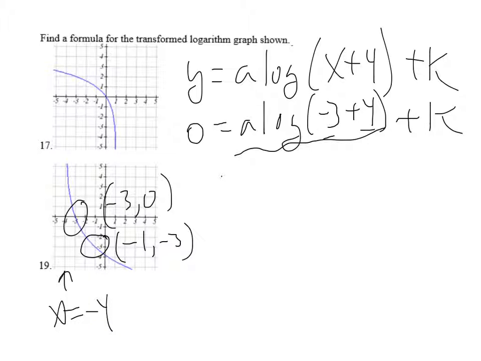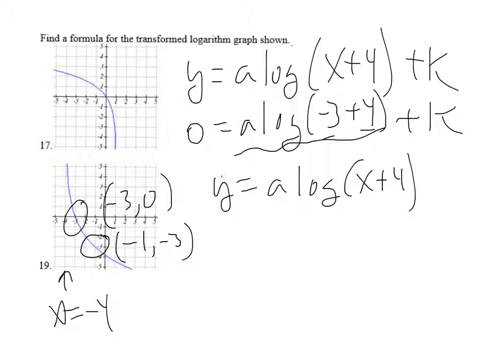So that leaves me with y equals a times the log of x plus 4. So now let's try using this point (-1, -3). So negative 3 equals a times the log of negative 1 plus 4.